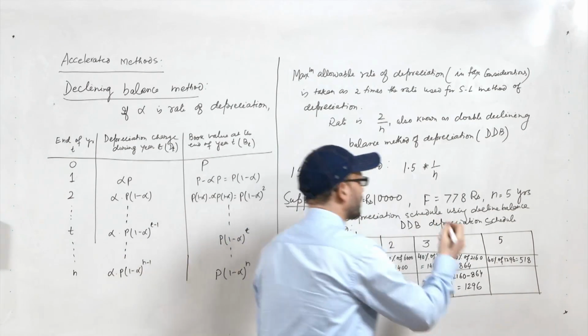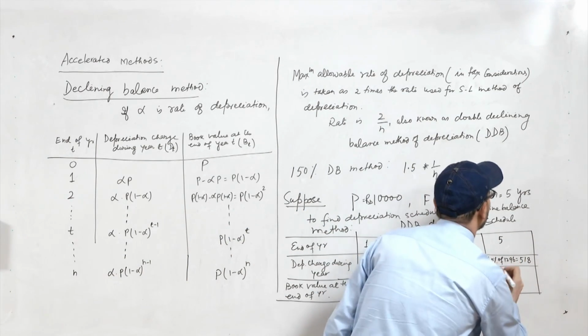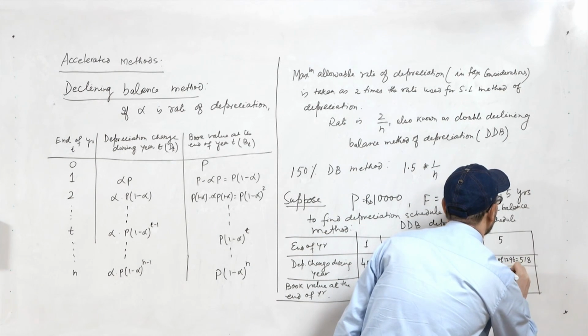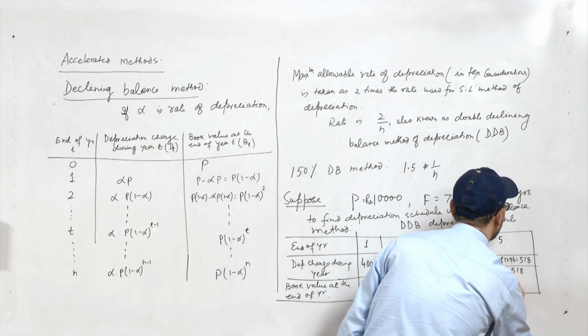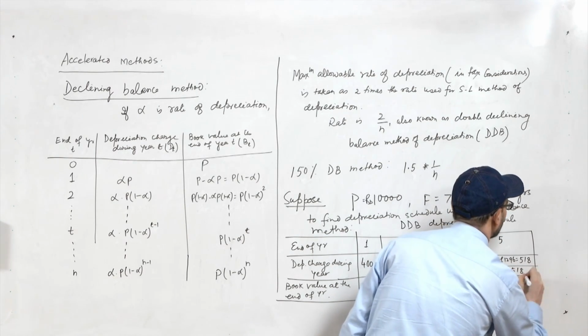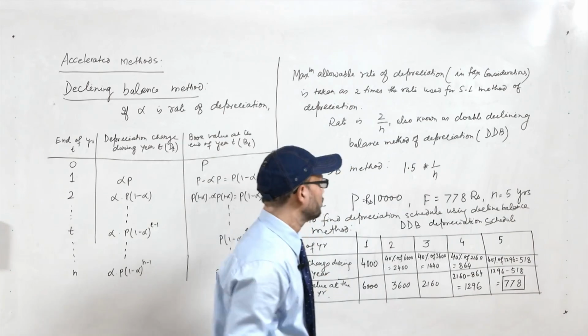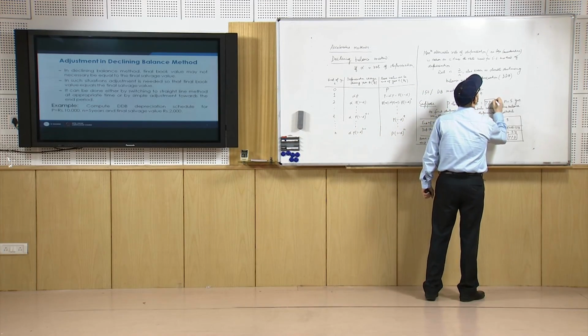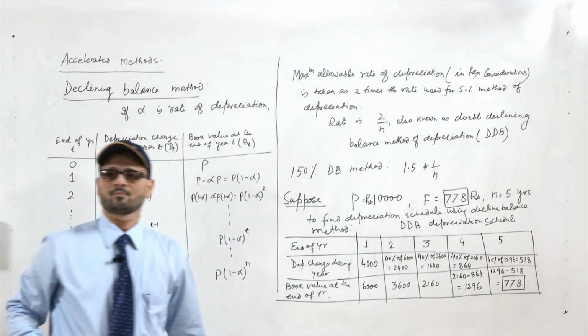So, you get the book value at the end of fifth year will be 1,296 minus 518, and that is equal to 778. This is what you achieve, the book value given as 778 rupees.